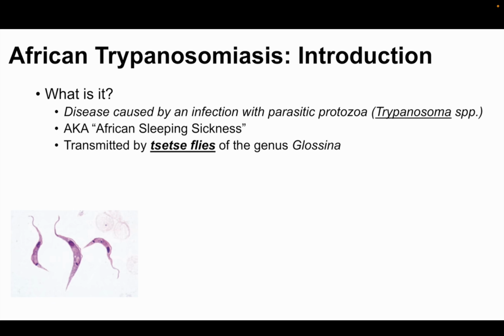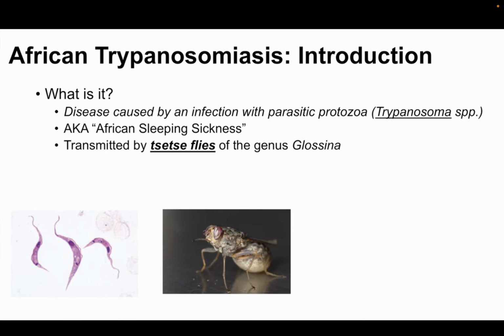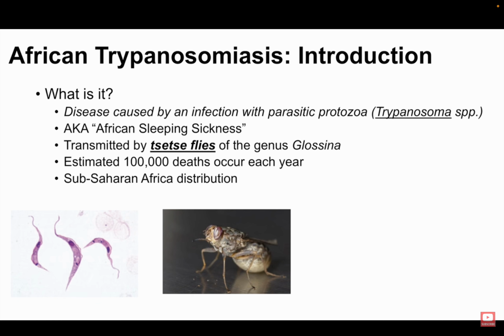The Trypanosoma protozoa that causes African trypanosomiasis is transmitted by the tsetse flies of the genus Glossina, and here's an image of a tsetse fly. Now, it is estimated that about 100,000 deaths occur each year due to African trypanosomiasis. And the disease is distributed in the sub-Saharan African region.